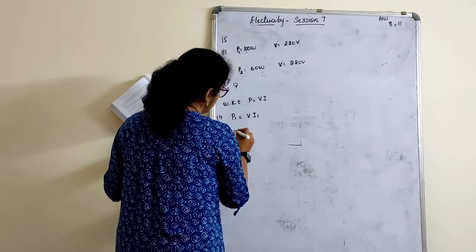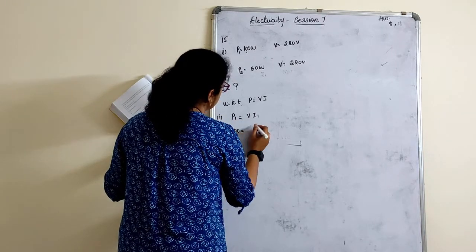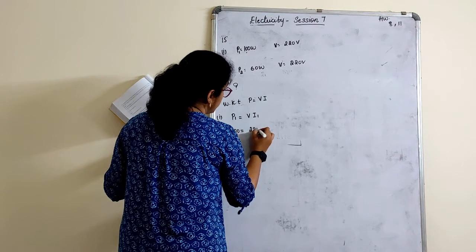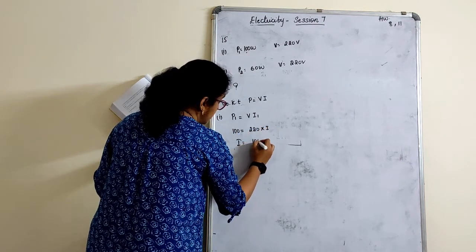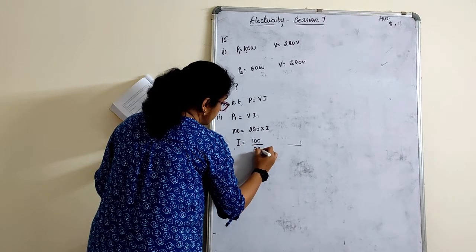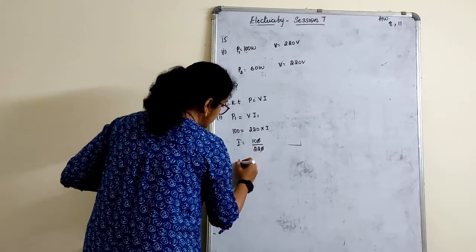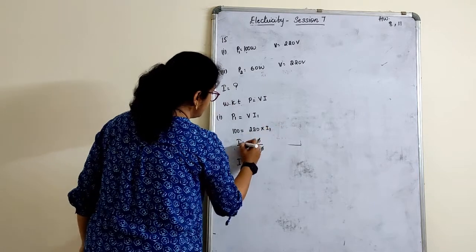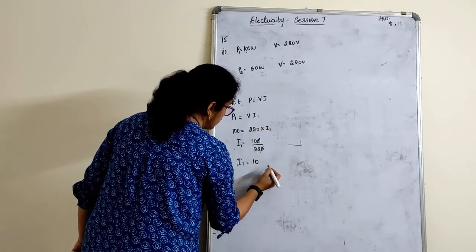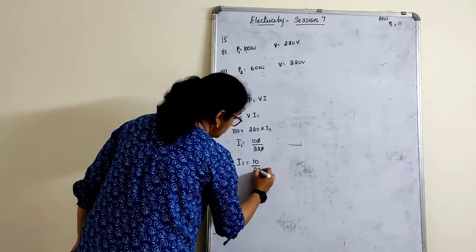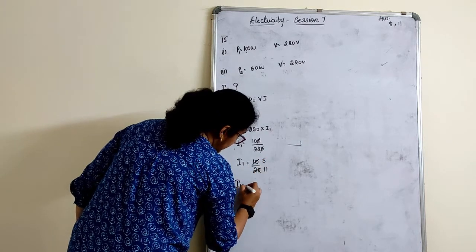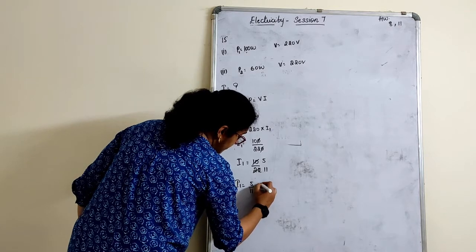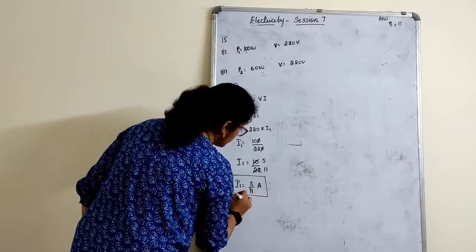So 100 is equal to 220 into I1, so I1 is 100 divided by 220, which is 10 by 22, 5 by 11 ampere. Keep this as it is.